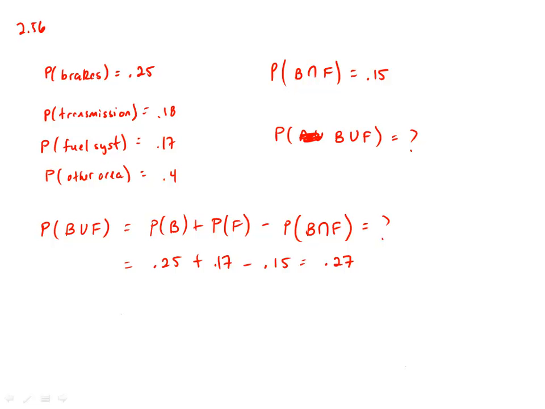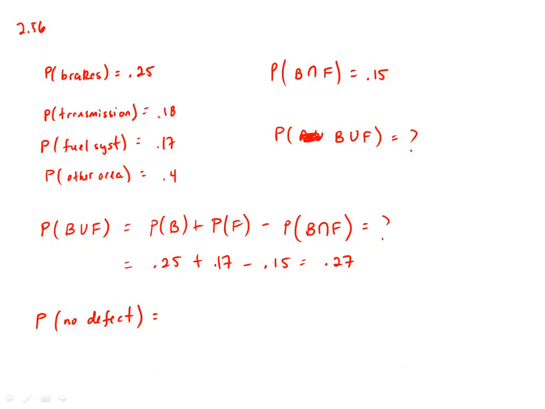Part B is the probability of no defect. There are no defects in either the brakes or the fuel system.